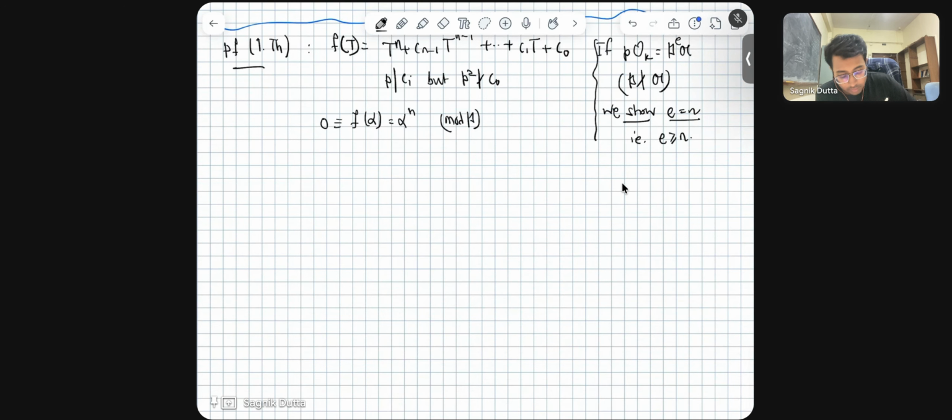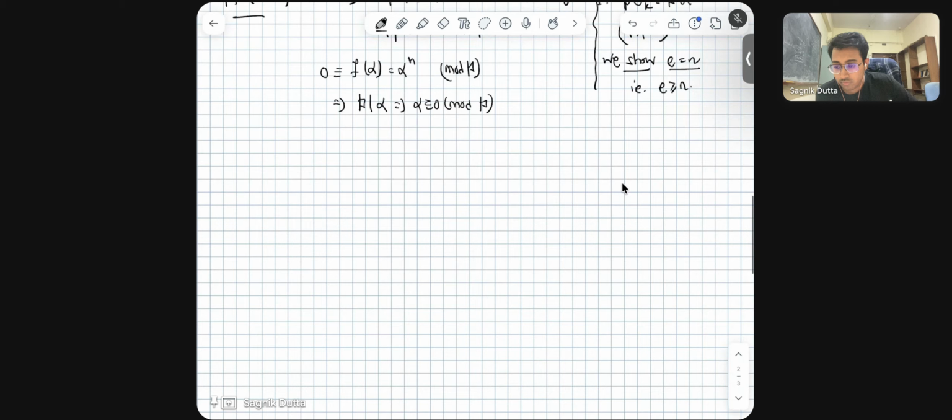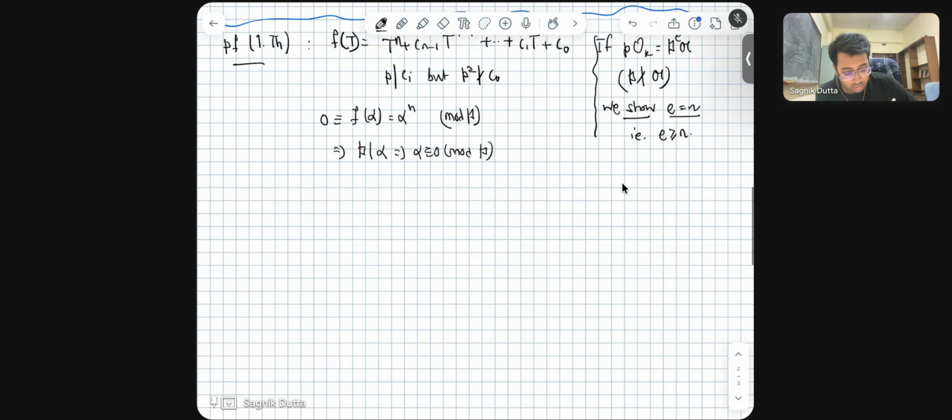Now P is a prime ideal, so if P divides alpha to the n, then P also has to divide alpha. That means we have this. And now all the other Ci are divisible by P, right? So that means P is this.